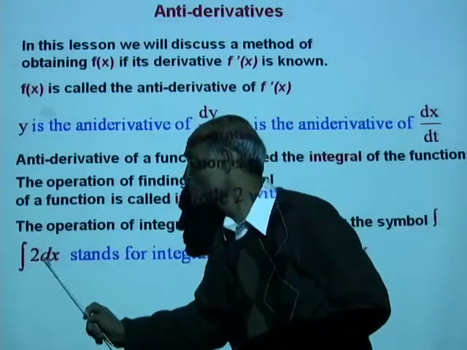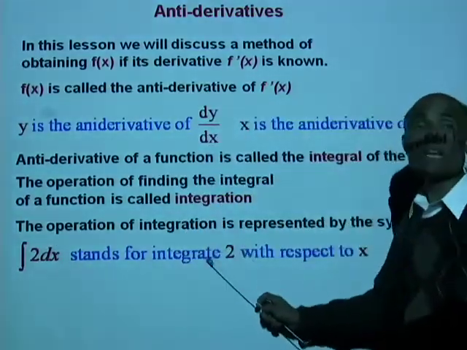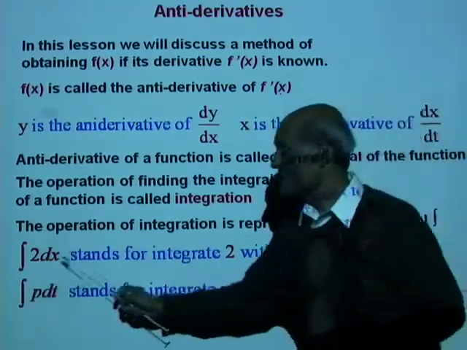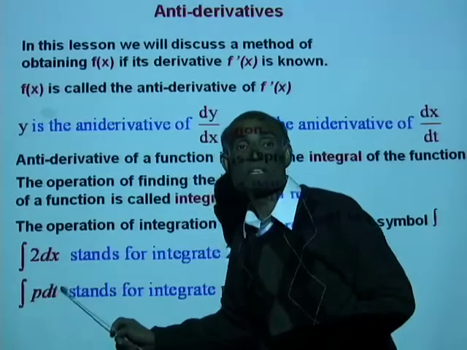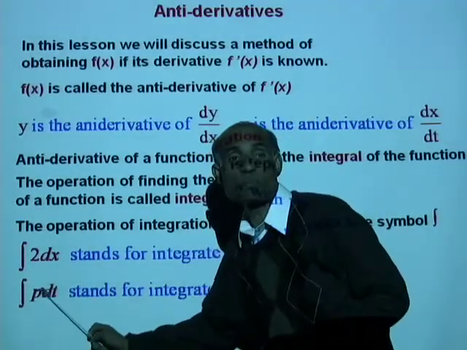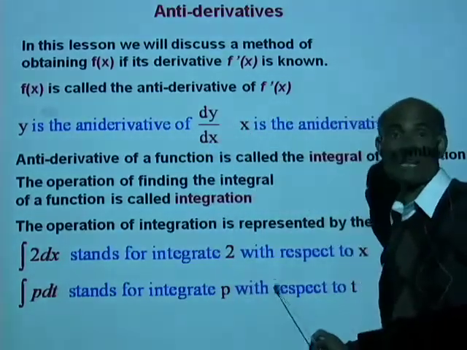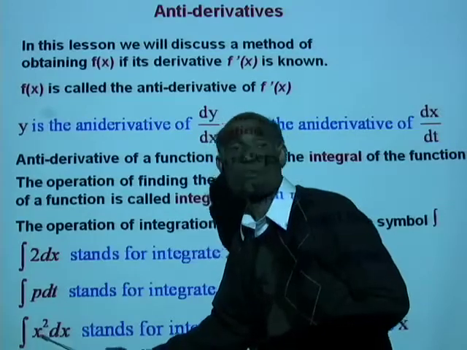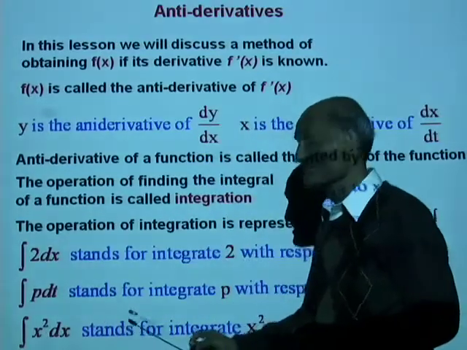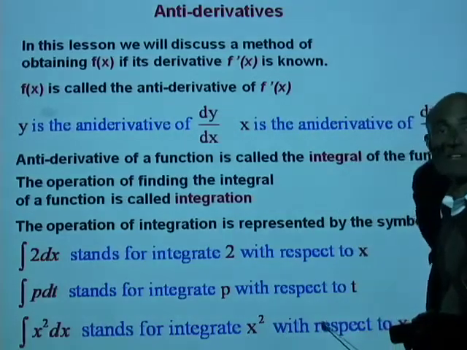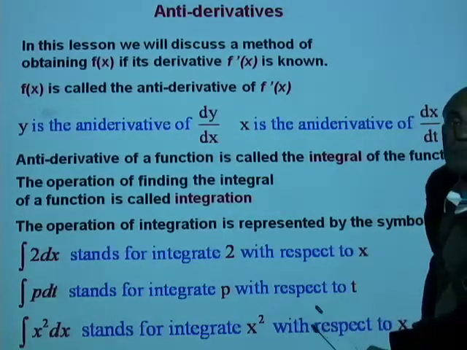So integral 2 dx stands for integrate 2 with respect to x. Integral p dt stands for integrate the quantity p with respect to t. Integral x squared dx stands for integrate the quantity x squared with respect to x.